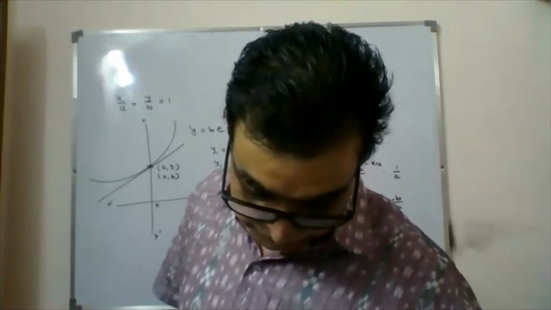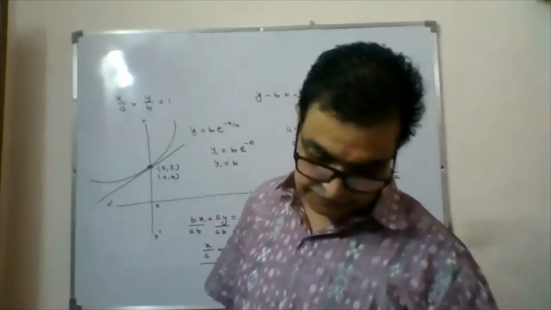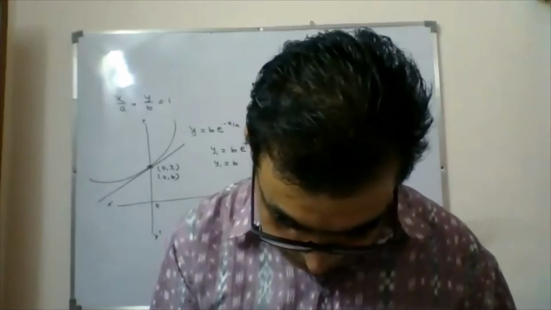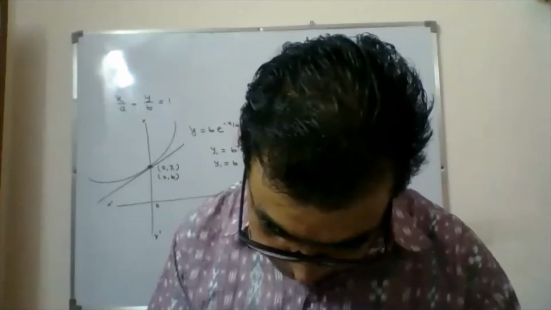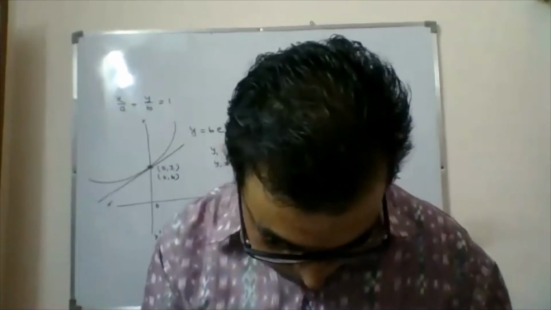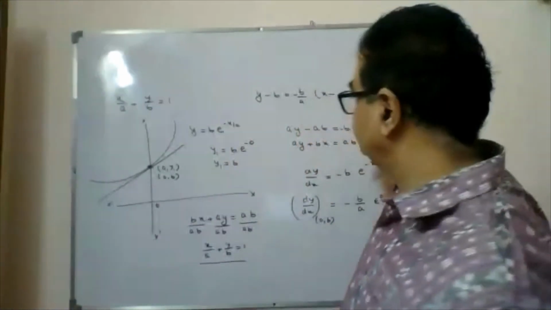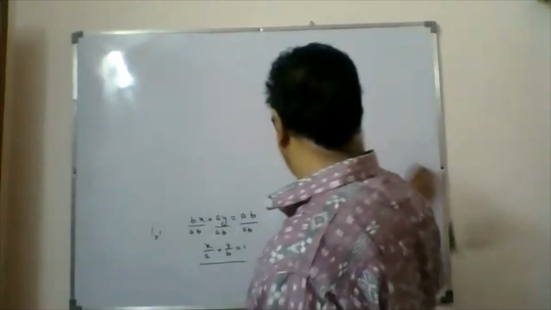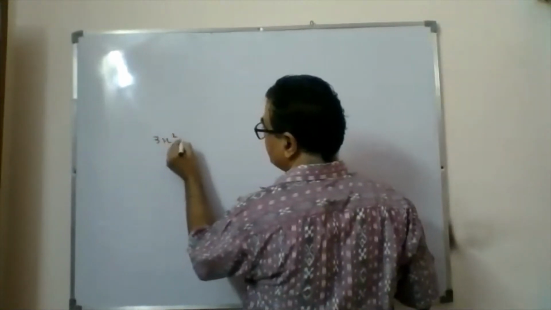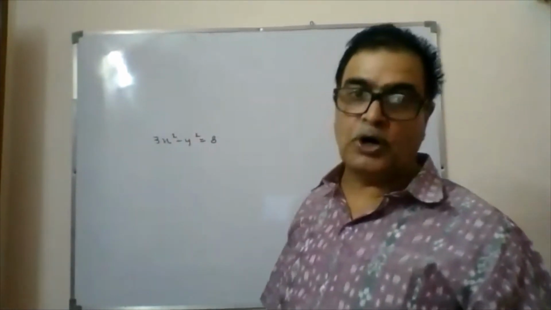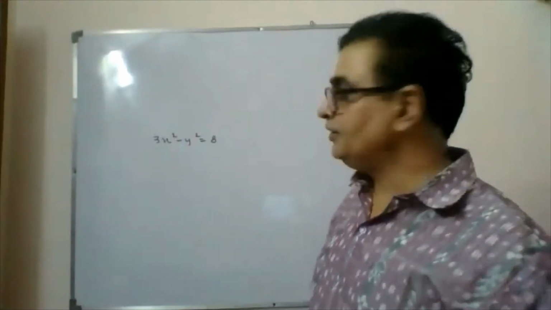This is another good question we have. Find the equation of tangent to the curve 3x square minus y square equal to 8, which passes through point 4 by 3 comma 0.